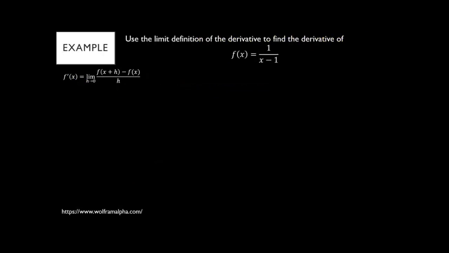So here's another example, and we're going to use Wolfram Alpha to help us out here because we are going to have fractions upon fractions. So we've got f of x, and then f of x plus h is 1 over x plus h minus 1.